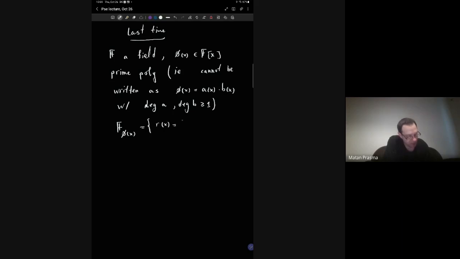So let's say R(x) equals the sum of a_i x^i, i equals 0 up to k, where the a_i are elements in F, and k is strictly smaller than n. So these are remainder polynomials, remainders of mod phi arithmetic.